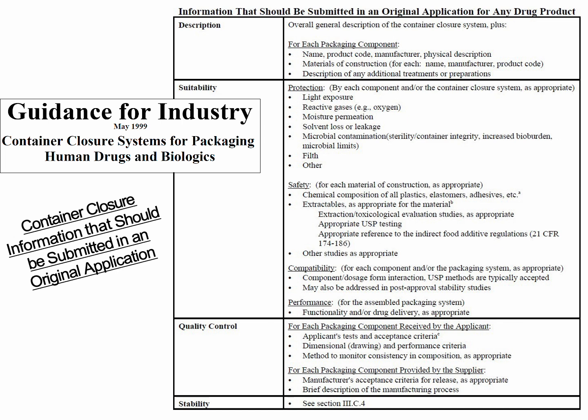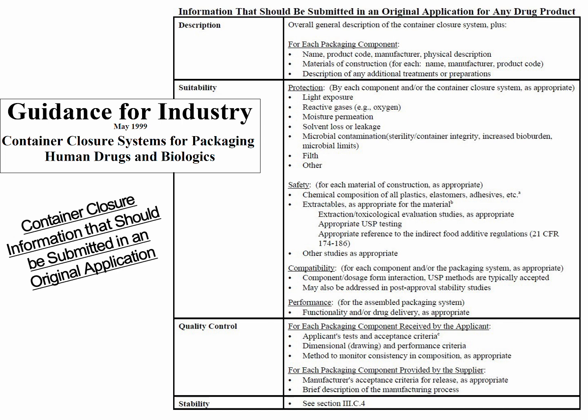Here we talk about the protection, for example, from light or from reactive gases, etc. We also ask you to give information related to the safety of your product: chemical composition of all plastics, elastomers or adhesives, etc., extraction or toxicological evaluation studies as appropriate, and appropriate USP testings that you performed. All of this package of documents is related to the suitability tests for your product and the closure systems.